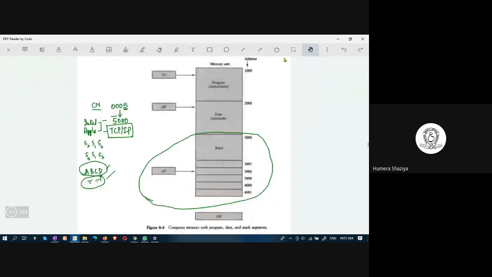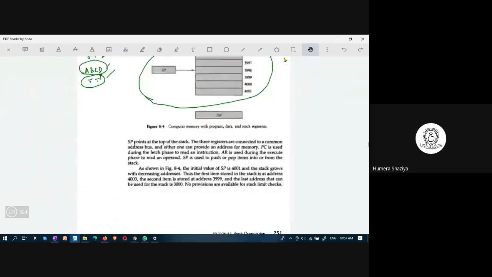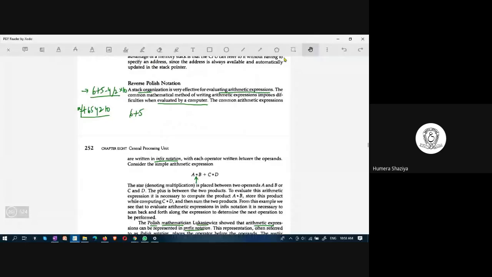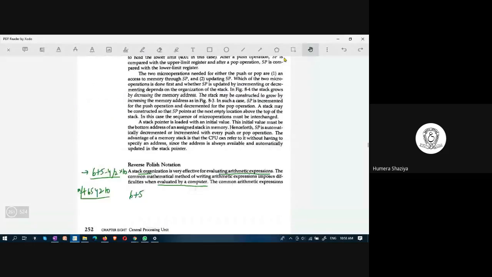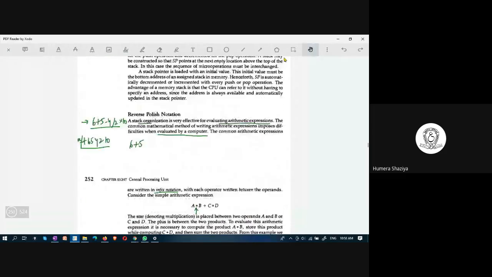And for the fourth question, write notes on reverse Polish notation. So you write that.